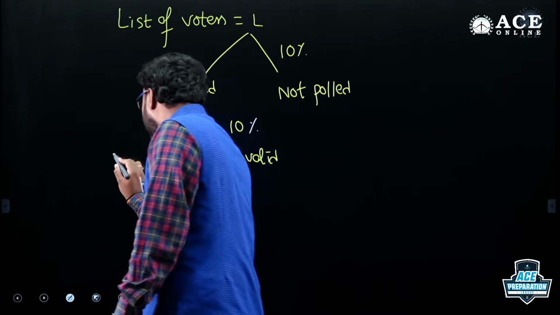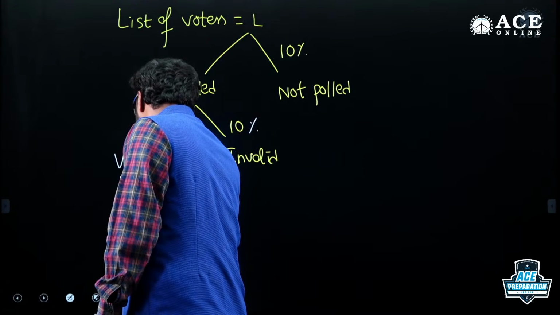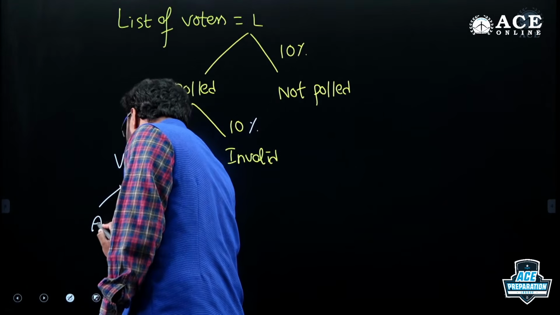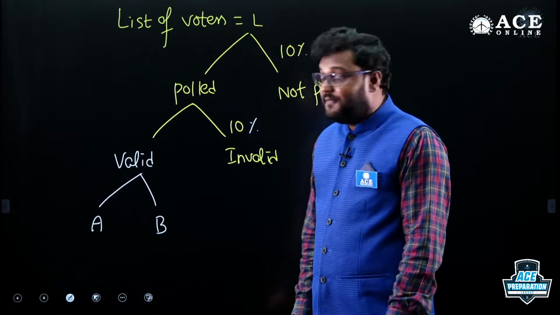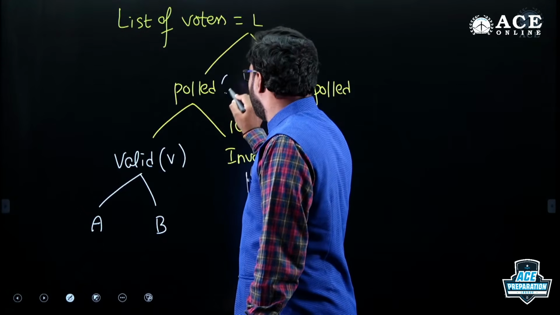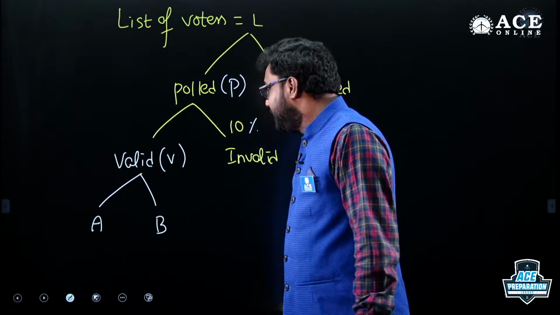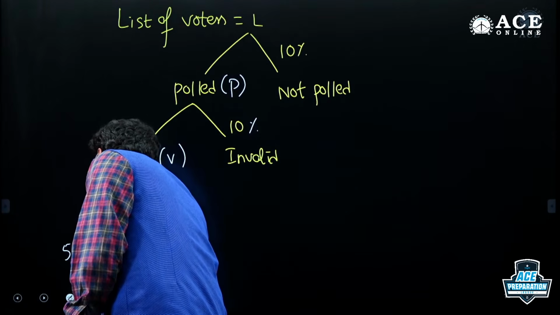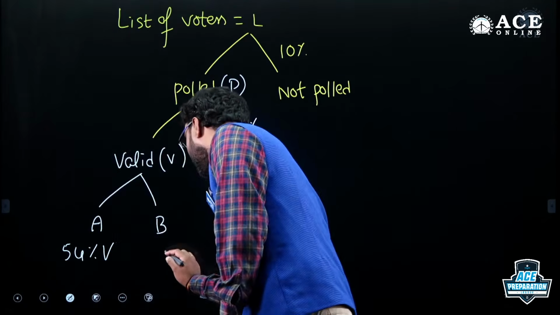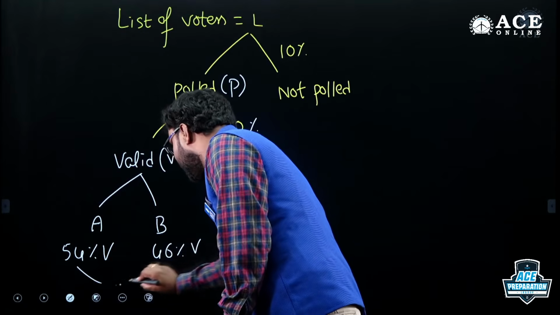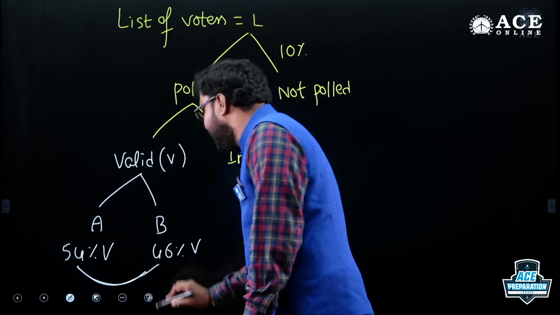Fine. Now among valid, my dear friends, here only two candidates are there in the election. A and B are the two candidates. Let us call valid votes V, polled P. A got 54% of the valid votes. Obviously, B got 46% of the valid votes. The difference between these two is nothing but called the majority.